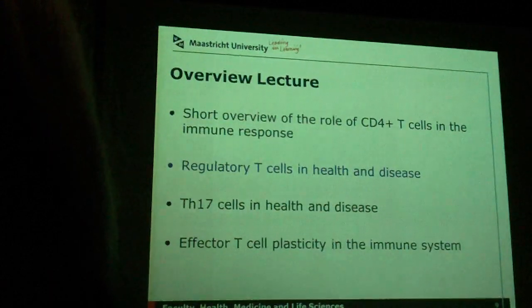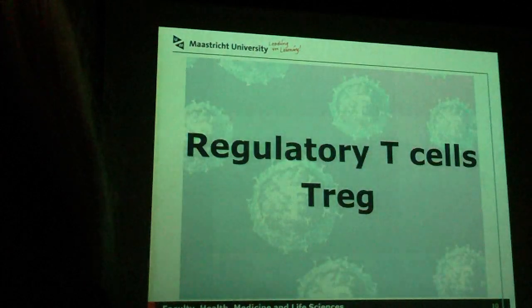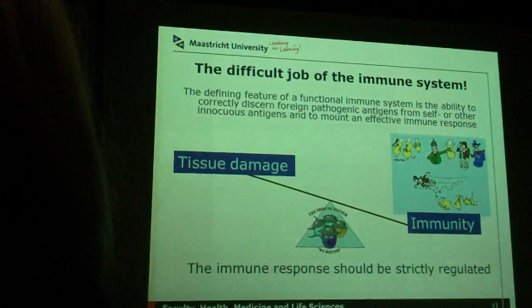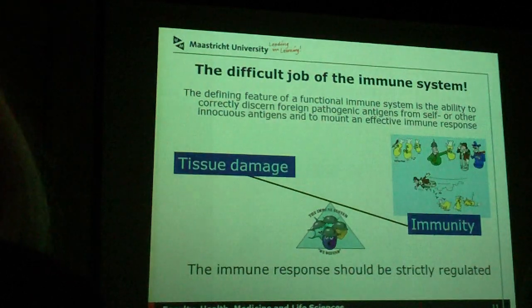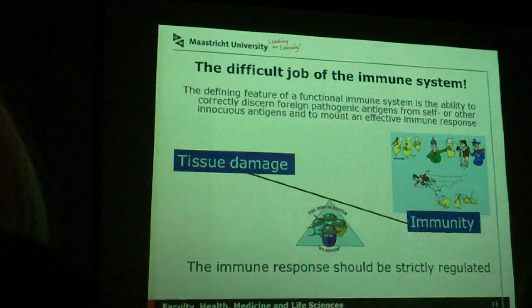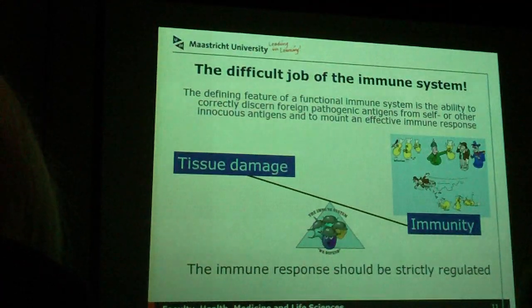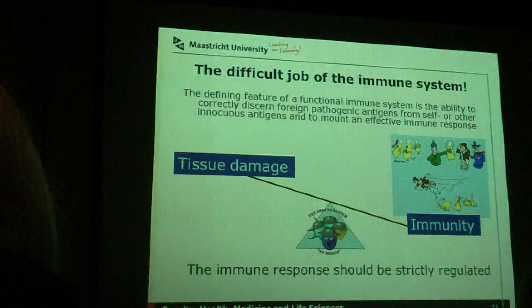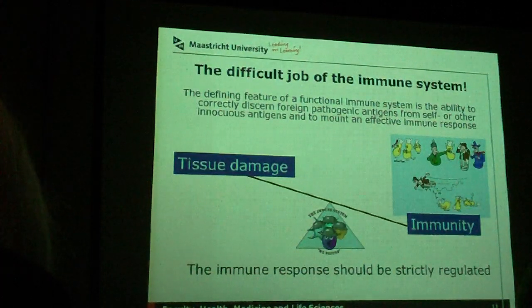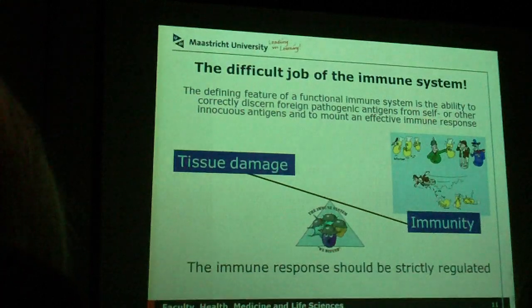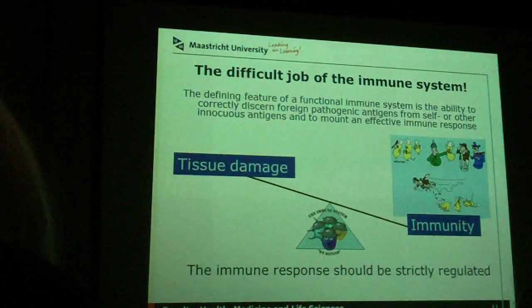So first of all, regulatory T cells. The immune system really has a difficult job, because you can imagine there is an infection, you need to combat this infection, but you should not attack your own tissues. So there should be a really good discernment between foreign materials, foreign threats, and self-tissue, self-antigens.